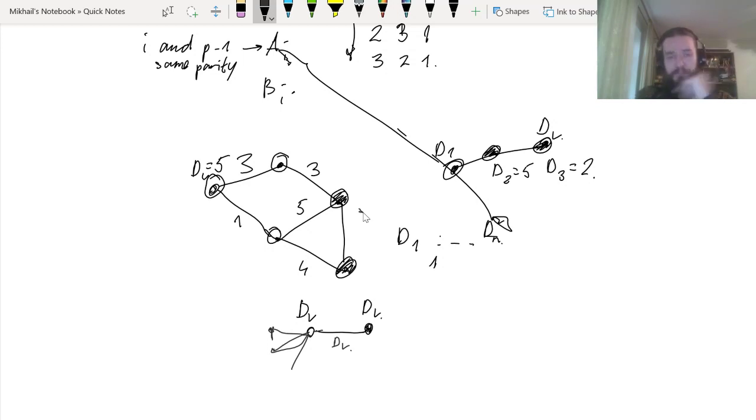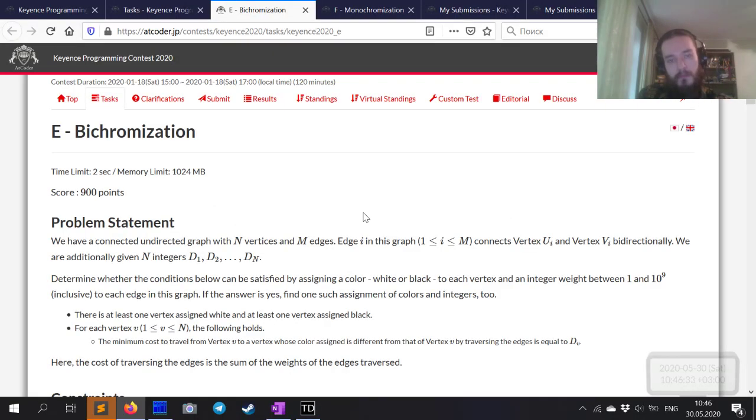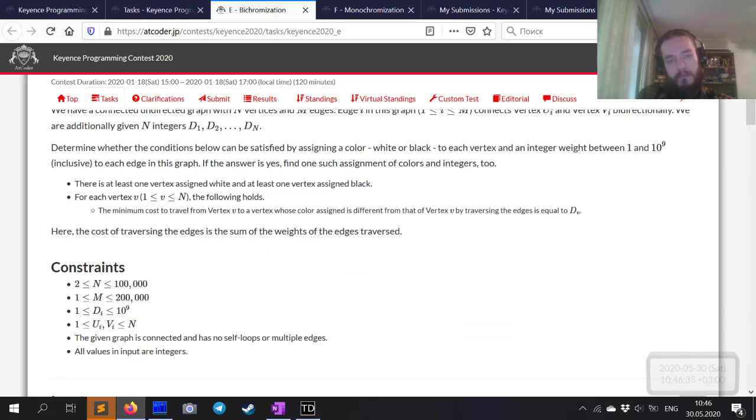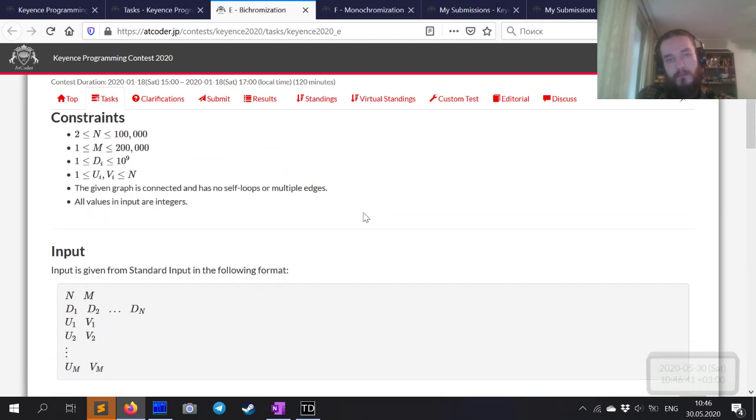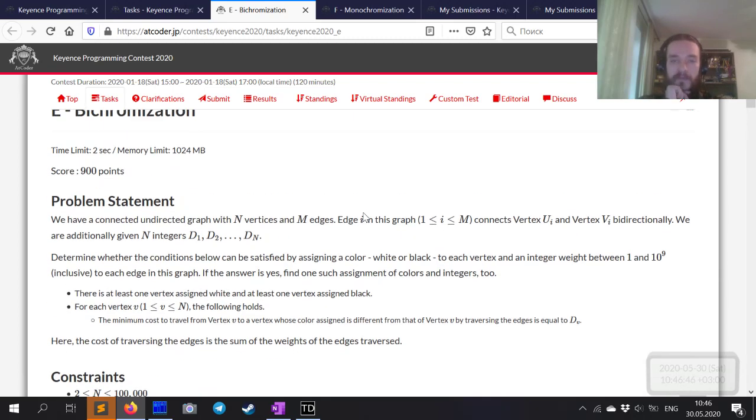If the endpoints of these are all black, then it's not necessarily the shortest path still. Okay, I'm missing something here. Do we have any additional constraints?